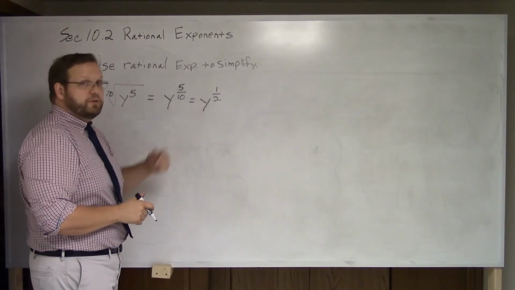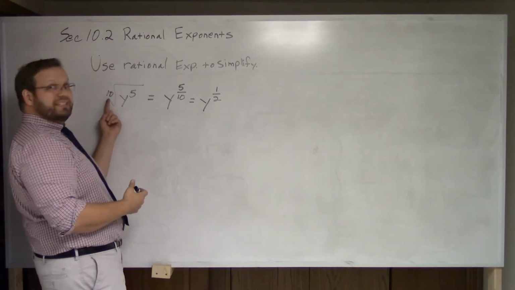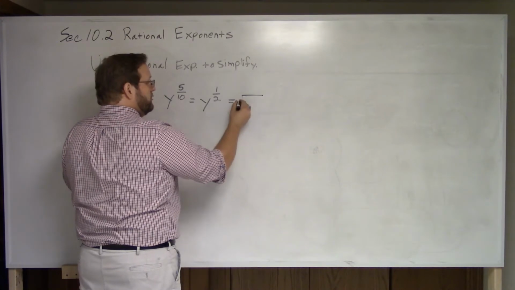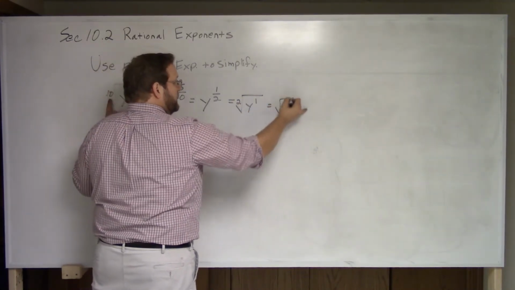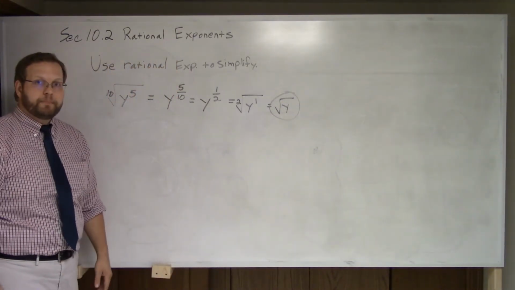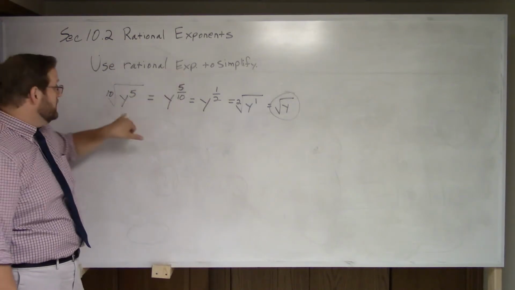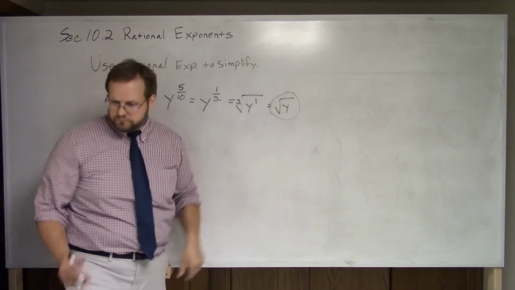And once I simplify that fraction, the radical is now simplified. Because instead of a 10th root, I just have a regular square root. And then a y to the first. I'm just going to clean that up. And I've got that. Okay? So again, they tell you I need to use rational exponents to change this radical into this radical. Let's look at another one.